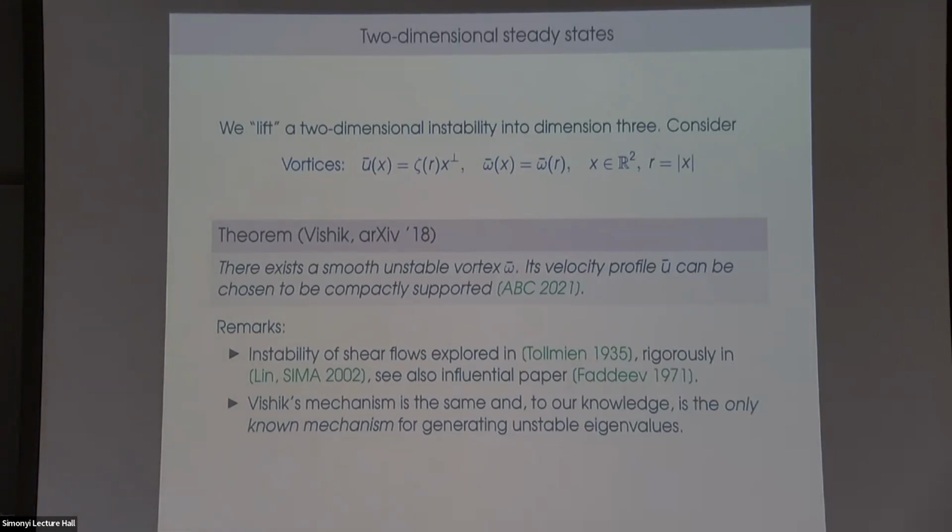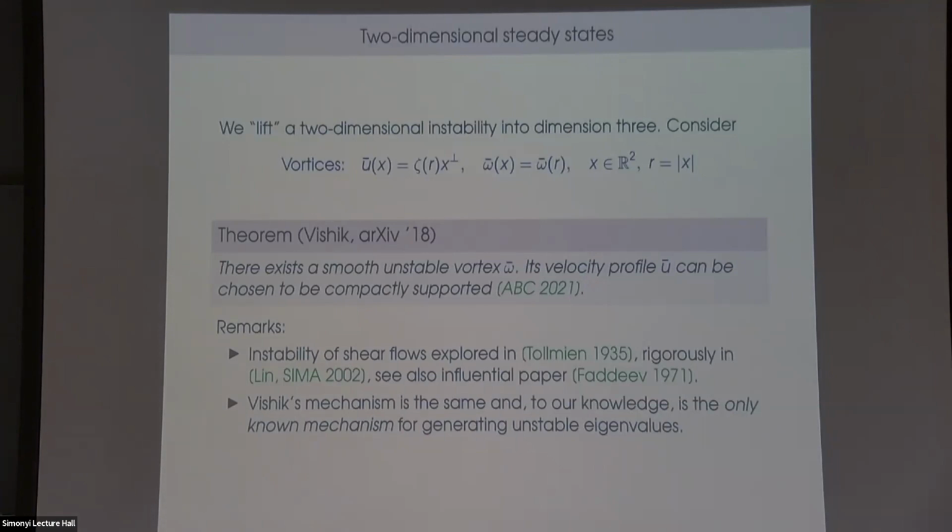And the study of vortices goes back to the earliest days of hydrodynamic stability, Rayleigh 1880, and before, but in terms of analysis, let's say. So we're going to use the following theorem of Vishik that was proved in 2018.